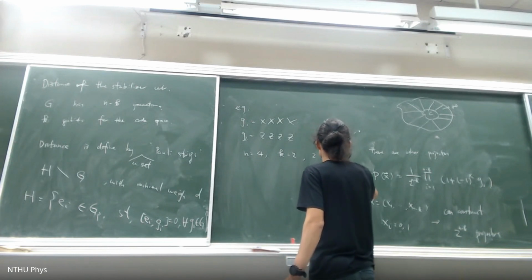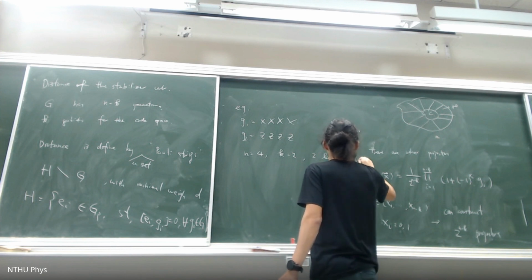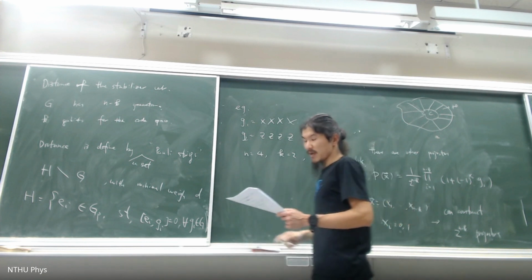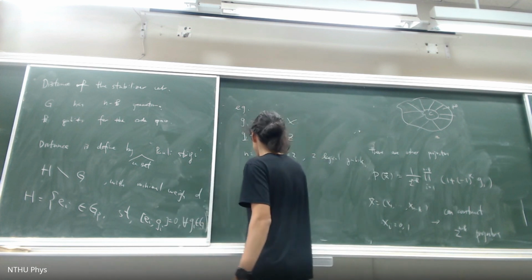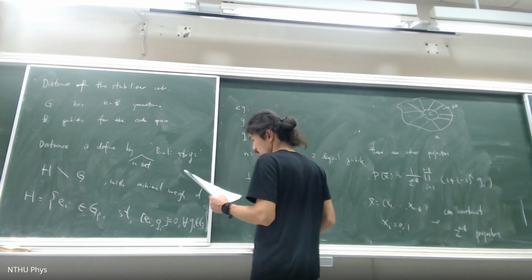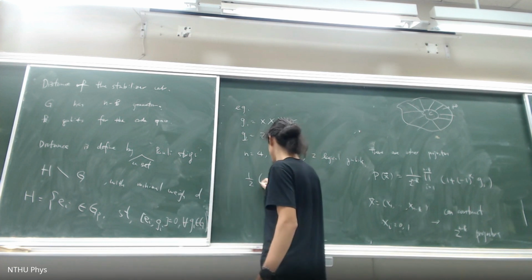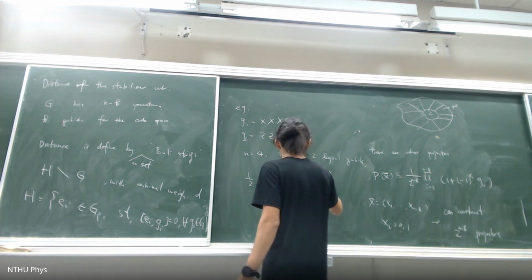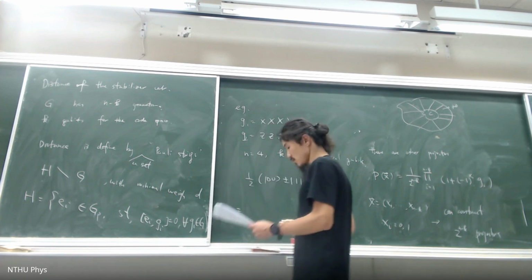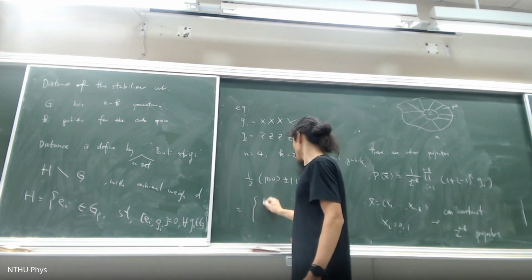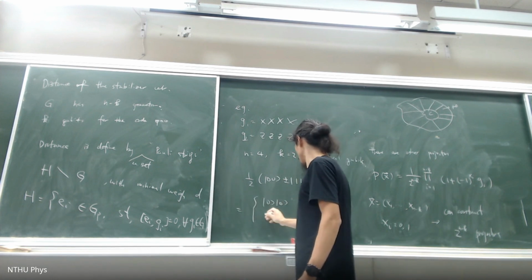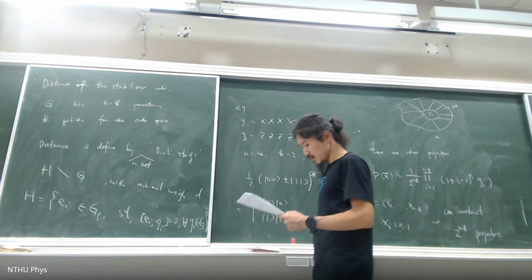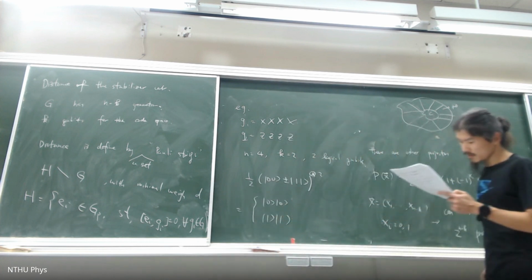By the stabilizer formalism, the code space can be constructed from this G1 and G2, and it is basically nothing but this one, the corresponding code space. So it will be either 0, 0, 1, etc.